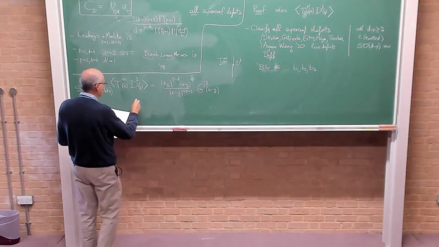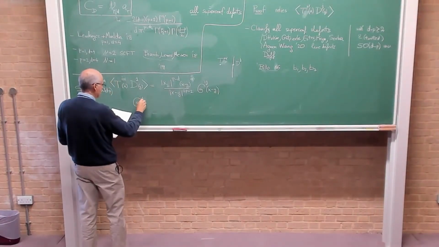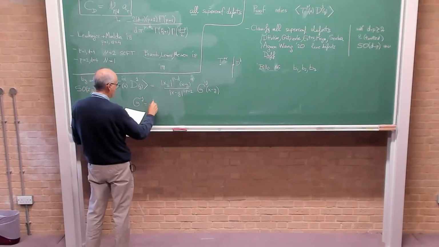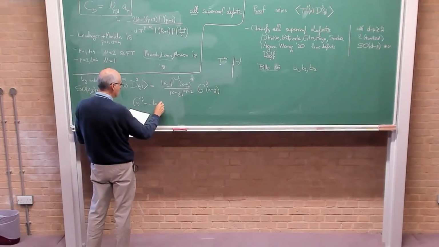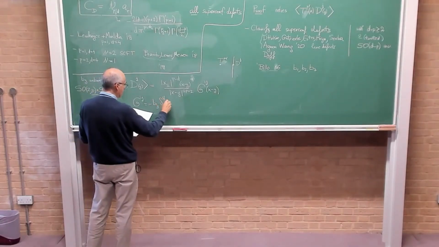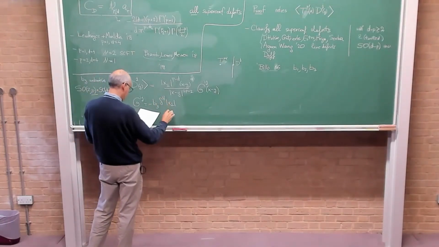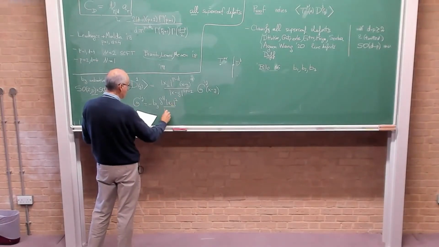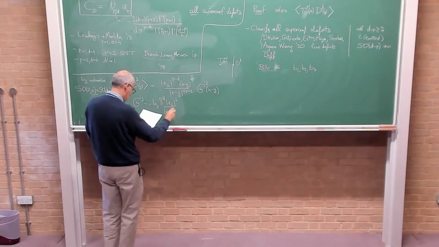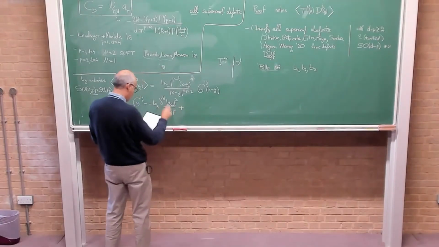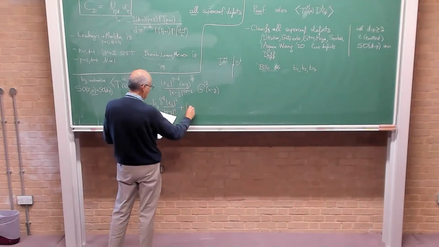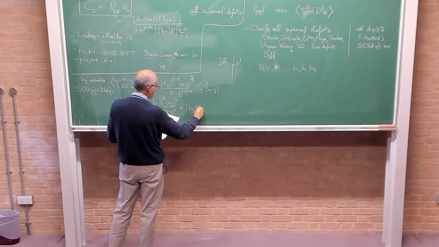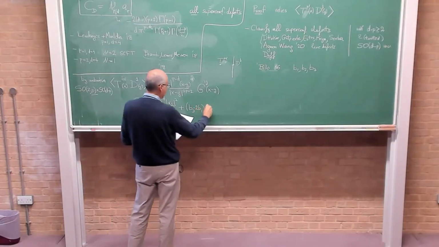And the G_ij, I will write it here, is minus B3 delta_ij x transverse squared over (x-y) squared, plus, so that's one tensor structure. Another one is x_i x_j.